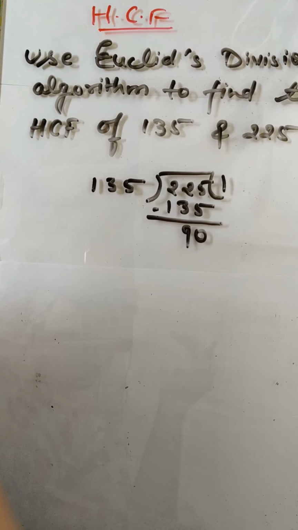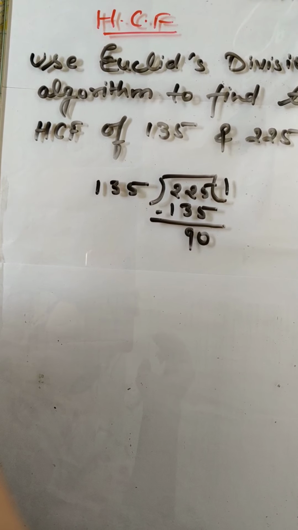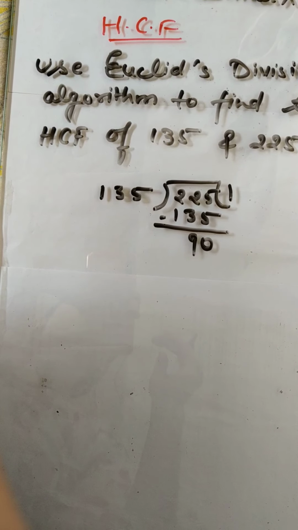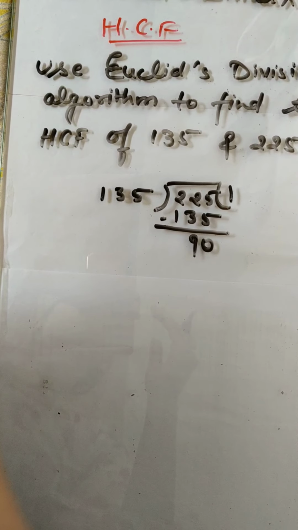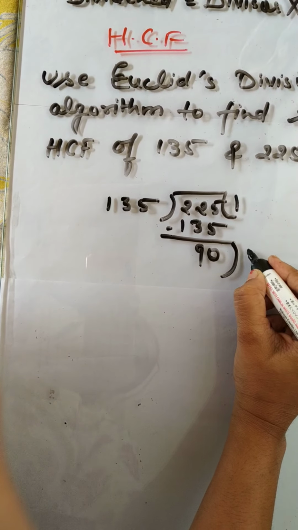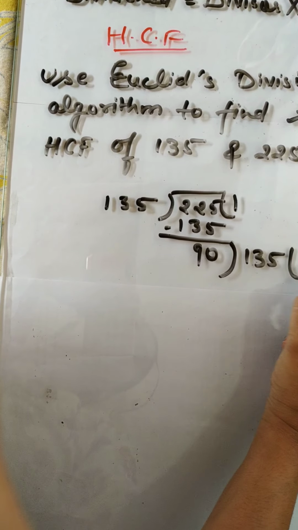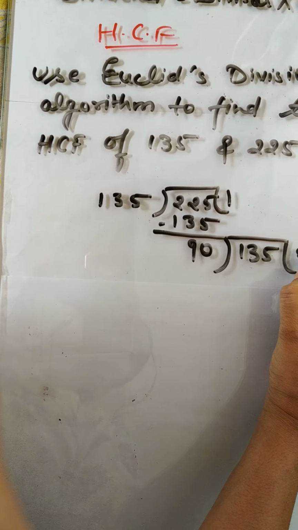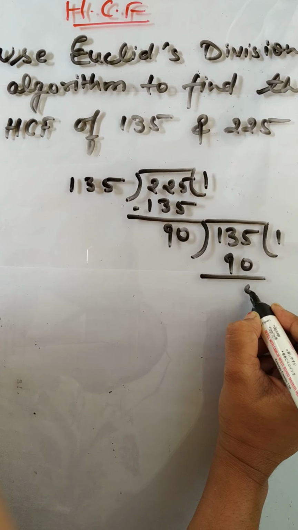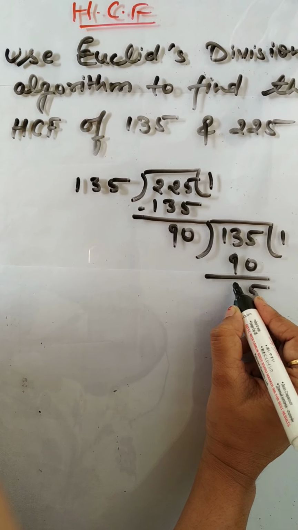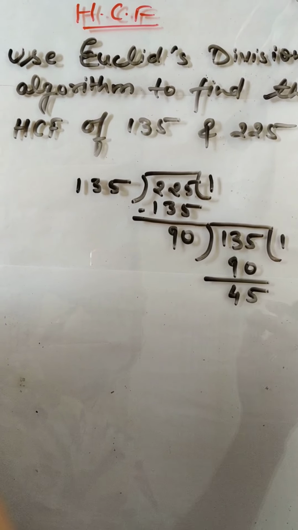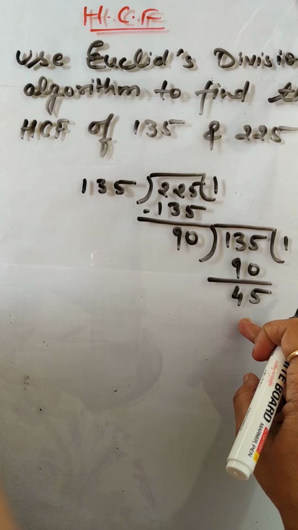In the next step, 90 and 135. 90 is smaller than 135, so 90 is our divisor now and 135 is our dividend now. Once again quotient 1, 90, now remaining 45. Now the remainder is again not 0, that is 45.